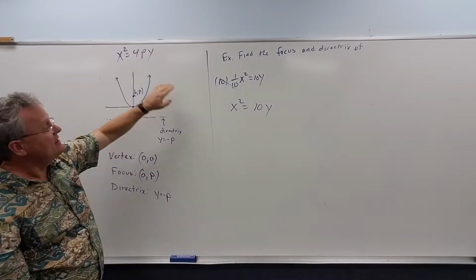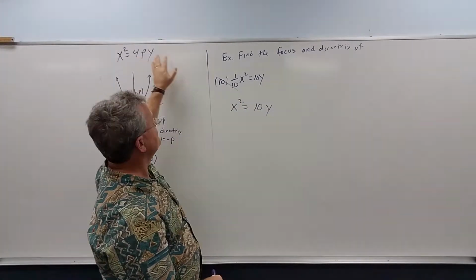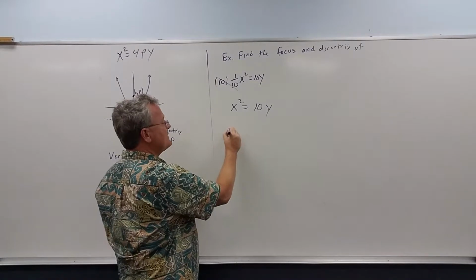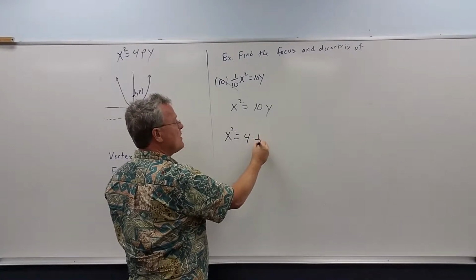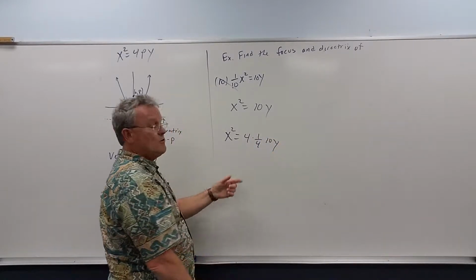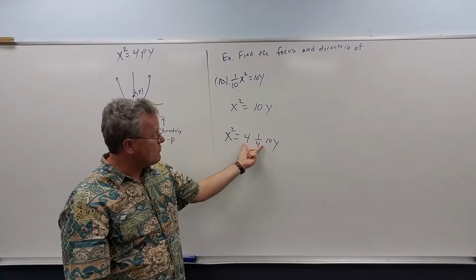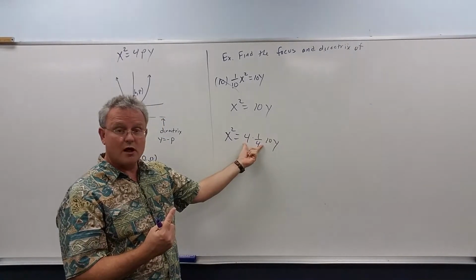Now, we want x squared equals 4 times some number times y. It's pretty easy to do this. This is what we want to do. Simply introduce a 4 and a 1/4. Right? What did I really do? 4 times 1/4, if we multiply this, we get 4 over 4, which is 1.